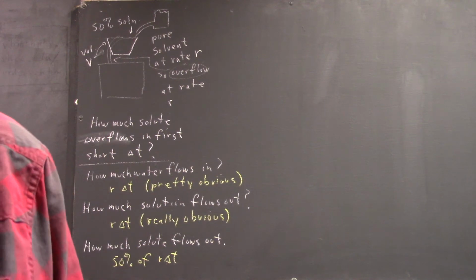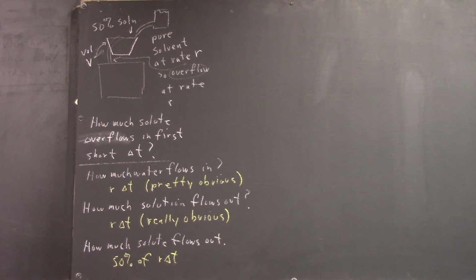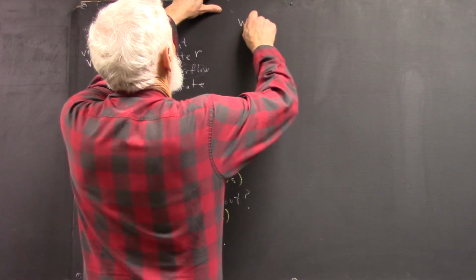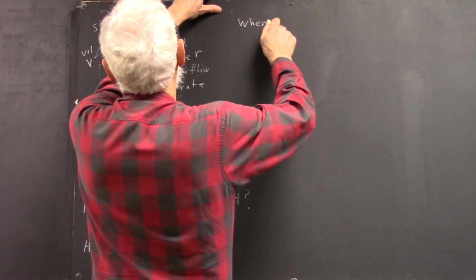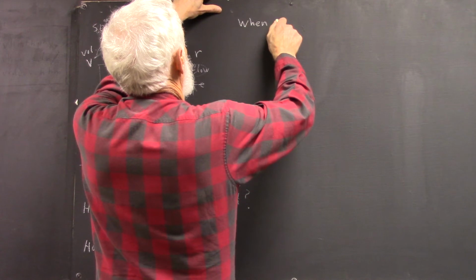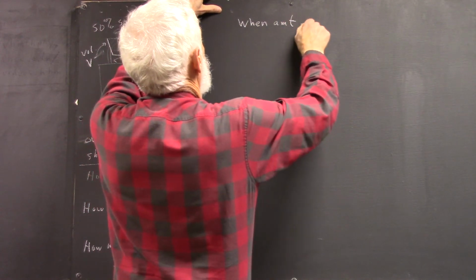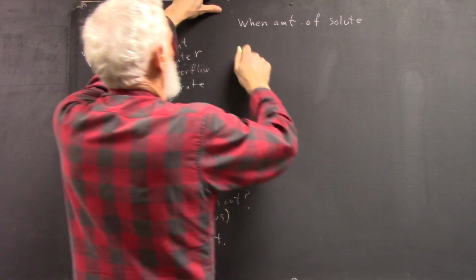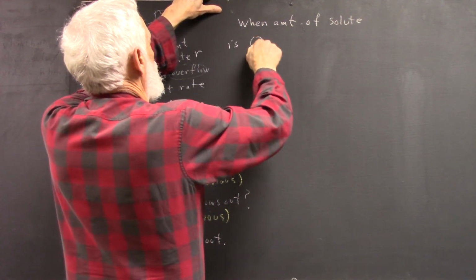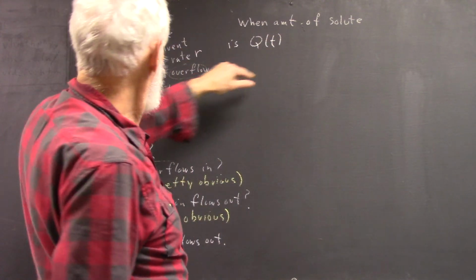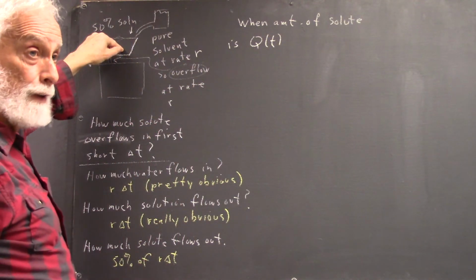we go on to another question, okay? So the question is this now. When the amount of solute is Q of T, because the amount of solute in here is clearly changing with time, right?